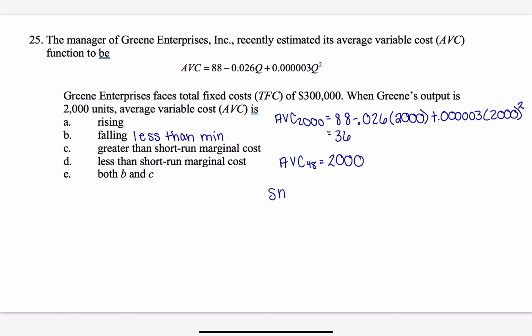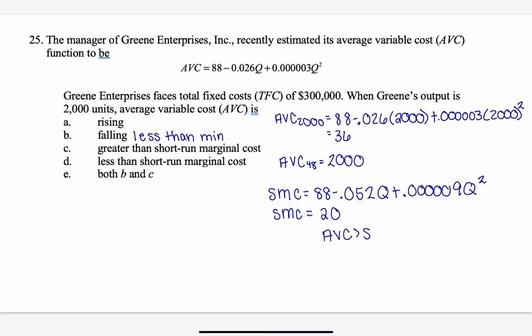And then our short run marginal cost is 88 minus 0.052 Q plus 0.000009 Q squared. And we're going to plug in 2,000 units for that, and we're going to get short run marginal cost equals 20. So we know that 36 is greater than 20, so our average variable cost is greater than our short run marginal cost, which is true. So it's both B and C.